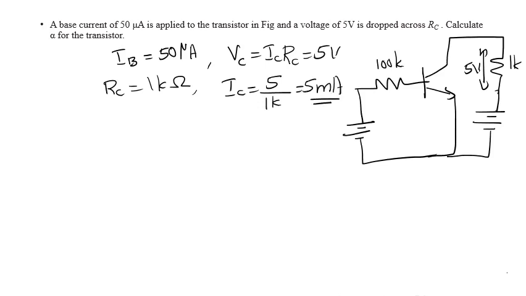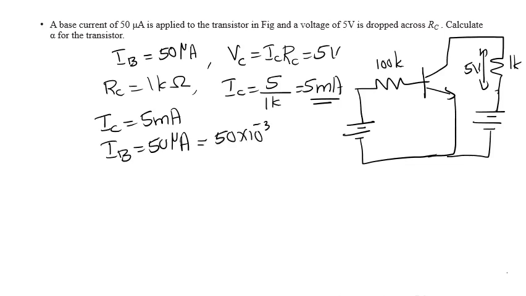IC is 5 milliampere and IB is 50 microampere, which is 50 into 10 raised to minus 3 milliampere, that is 0.05 milliampere.